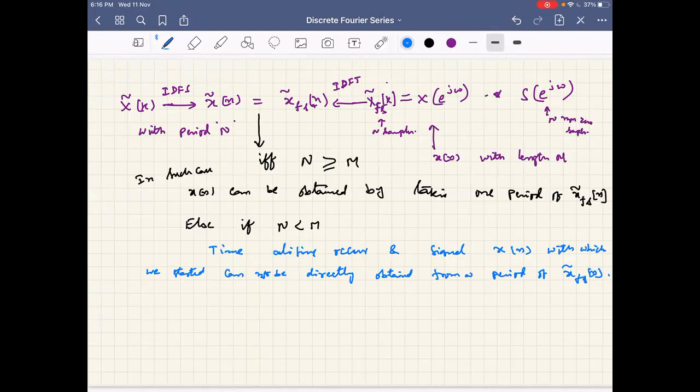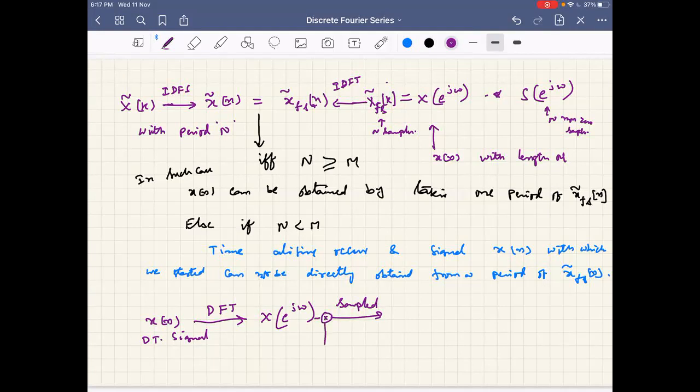So here what we have seen is the effect of going from the time domain to the frequency domain, sampling there and coming back to the time domain, and this is referred to as time aliasing. If you see the sequence of steps, you have x of n, a discrete-time signal, you have taken the Fourier transform and got x of e power j omega, and sampled it. How did you sample?